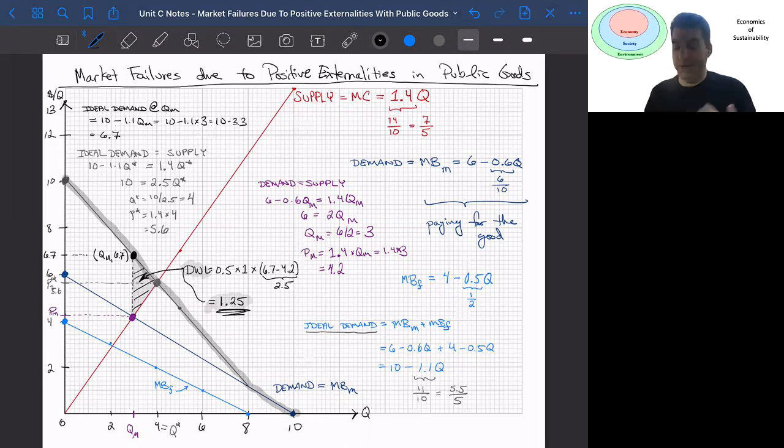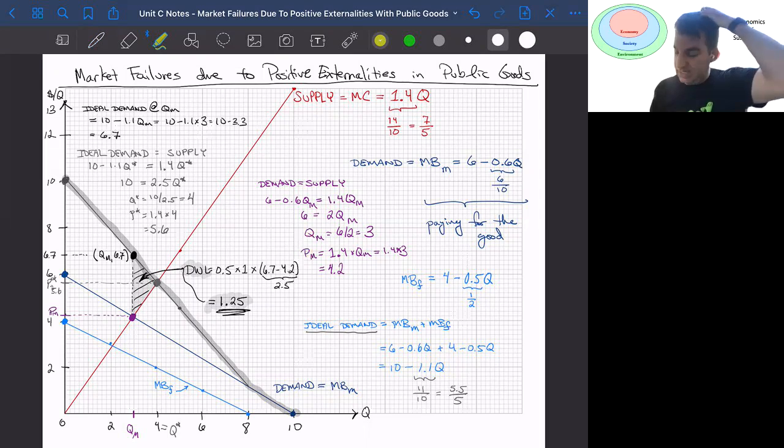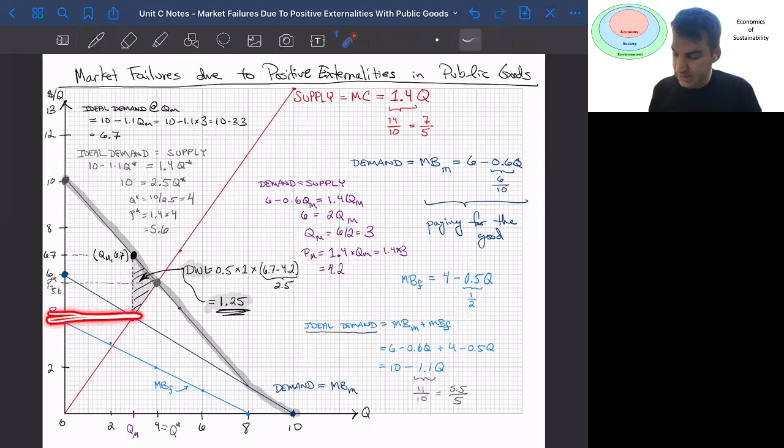And so if I wanted you to calculate the producer surplus and the consumer surplus, we could conceivably do that as well, right? So we would just end up saying, well, at the market equilibrium, the producer surplus is, well, we know that the price is down here.